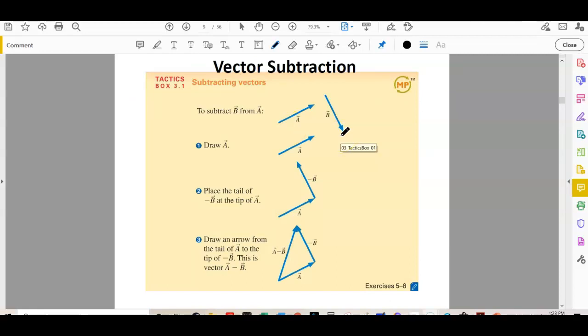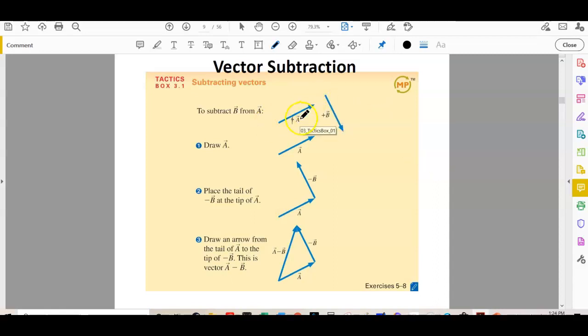So vector subtraction is the same process, except you're going to add a step before you do the vector addition, right? So if you're given a vector that's pointed up and to the right, that's going to be positive A, and you're given another vector, B, which is positive B, well, there you go.